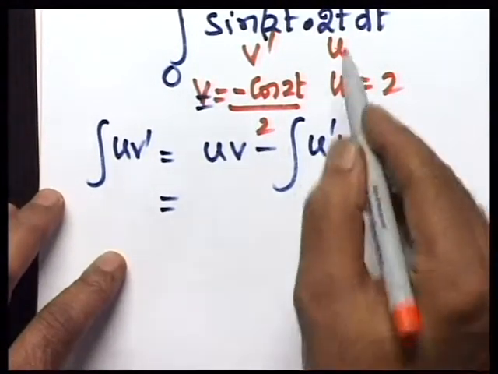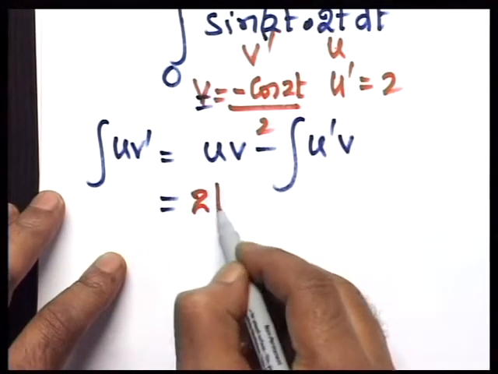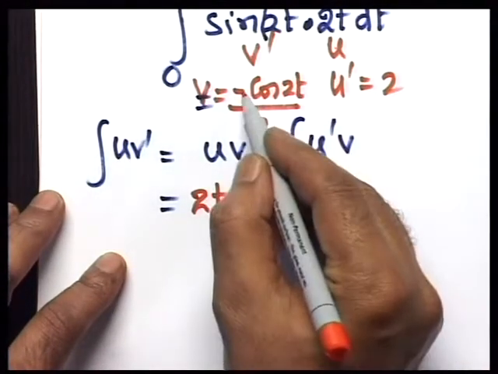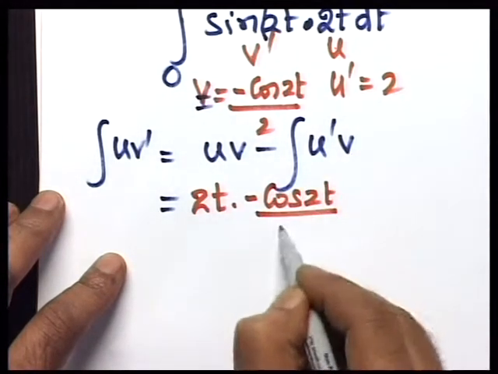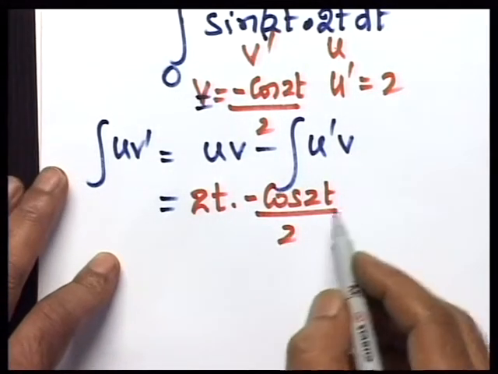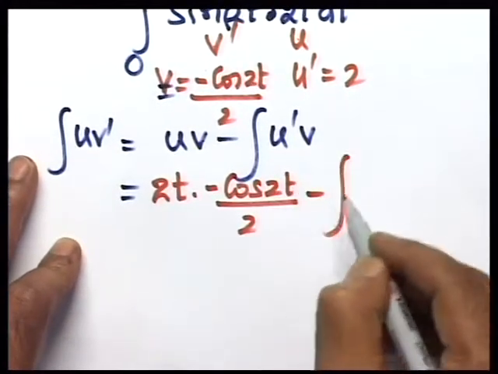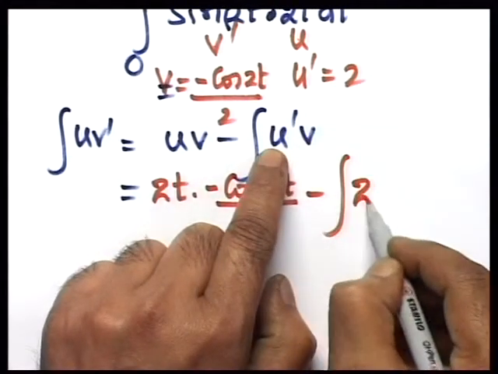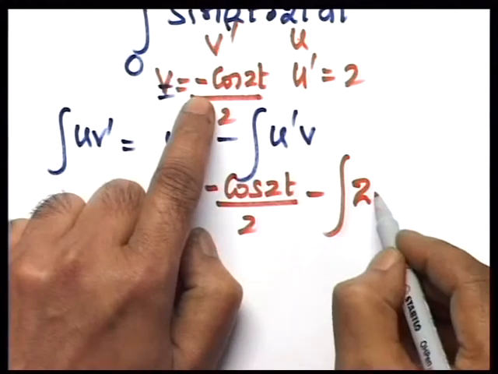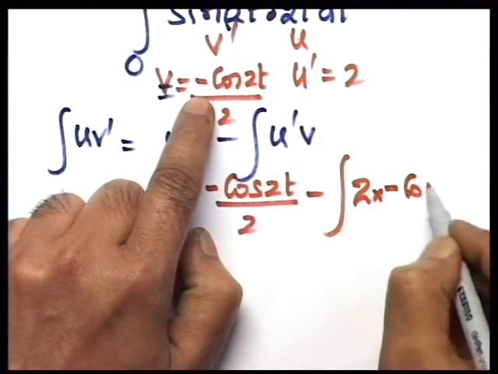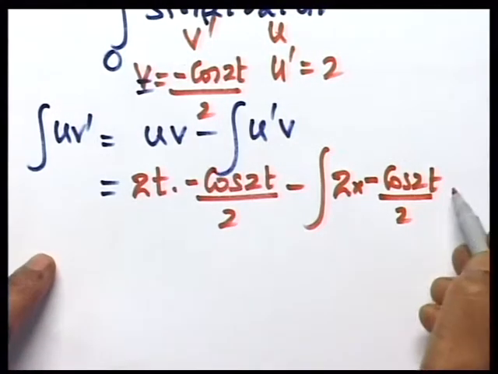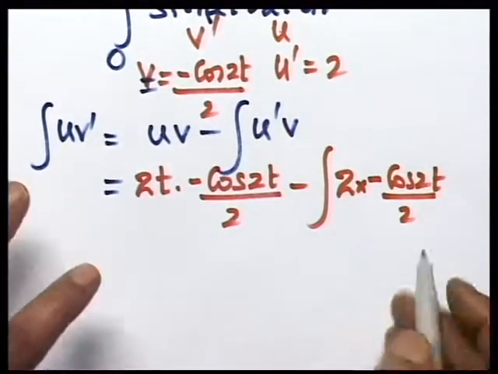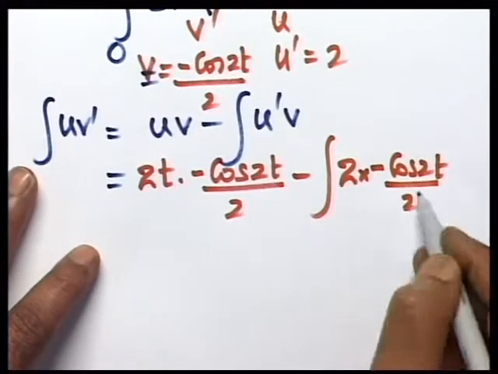So u is 2t. Let's write 2t times v, which is minus cos 2t divided by 2, the 2s cancel out, and minus integrate u dash, which is 2, and v is again minus cos 2t divided by 2, dt in the end. The 2s cancel out there.